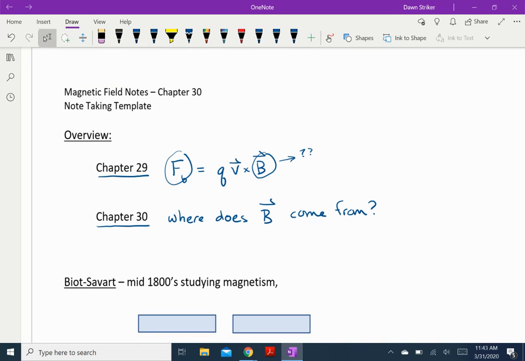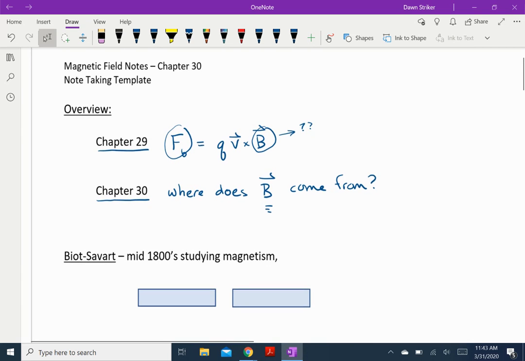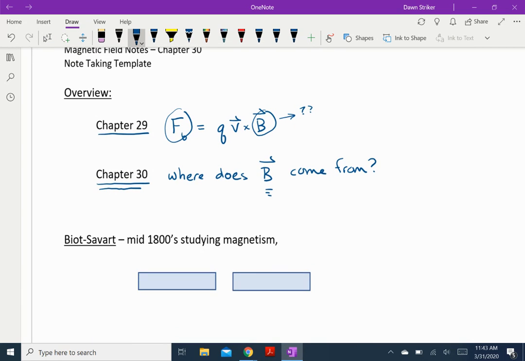Forces are pushes and pulls, so we can feel that push or pull. But fields are all around us, and yet they're invisible. We can't see them, we can't smell them, we can't taste them, we can't touch them. So how do we know they're there? That makes it a little bit more difficult. All right. So chapter 30 is really all about where do the magnetic fields come from?